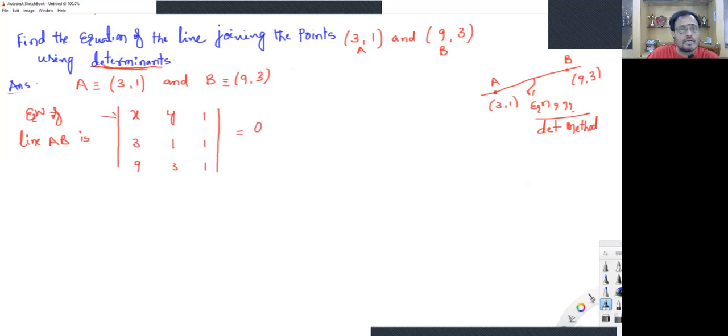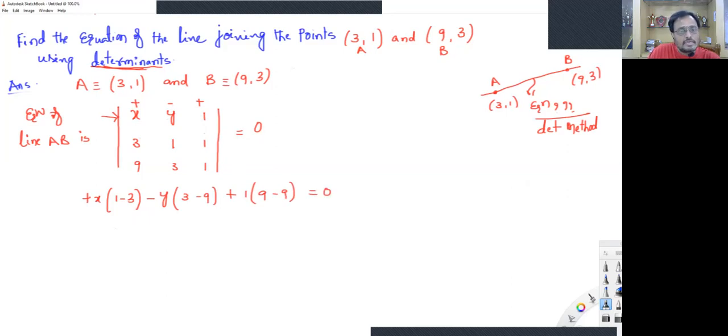You expand with R1: plus, minus, plus. So here plus x into 1 minus 3, minus y, where the vertical gets cancelled, and at y the complete horizontal, 3 minus 9, and last plus 1 into 3 times 3 is 9, minus 9 is equal to 0.